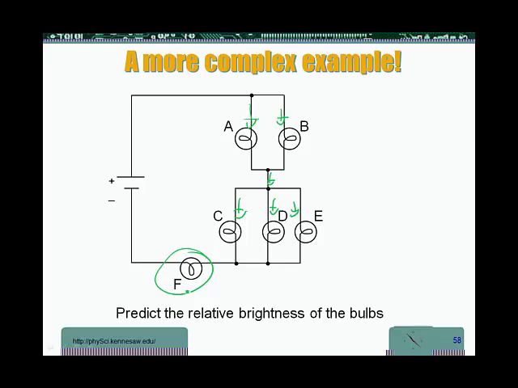Which means F is the brightest, A and B are the same brightness, but less bright than F. So we have F larger than A, which is equal to B. And this is larger than C, since it's a third of the current through F, not half, so it's going to be larger than C, which is equal to D, which is equal to E, since they are the same light bulbs.